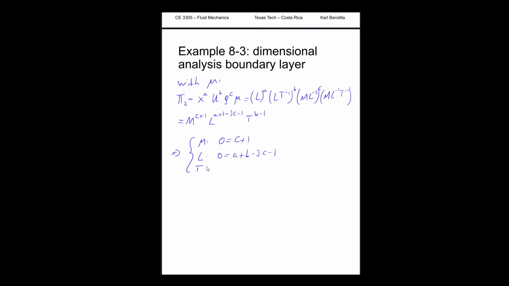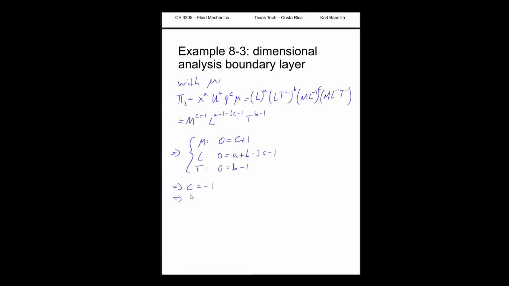And then for T, we get 0 is equal to B minus 1. These zeros, of course, are because my pi term is supposed to be dimensionless. All right, what can we see from that? Well, we can see that C is equal to minus 1.